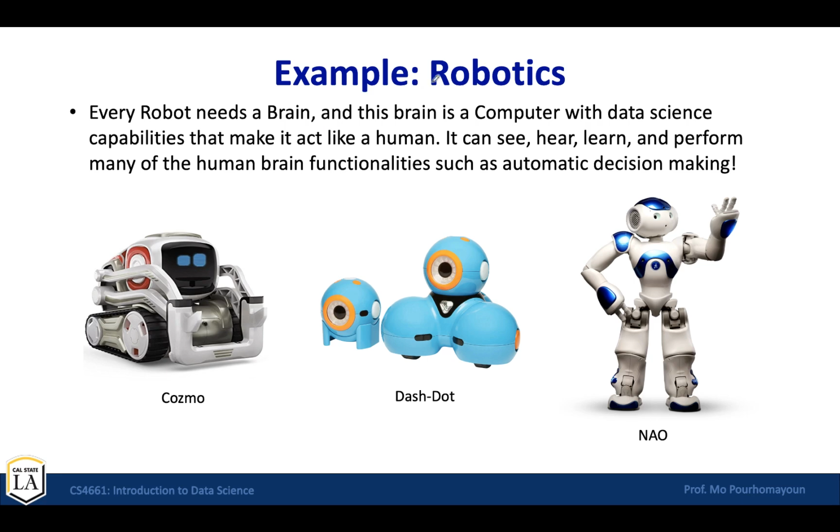Robotics is a very important application of data science and AI, which are very connected topics. I'm going to talk about data science, artificial intelligence, and machine learning later on. But generally speaking, each robot has a brain, of course, and this brain is a computer with data science or AI capabilities, because it learns from data.